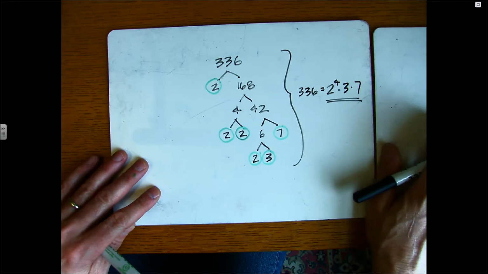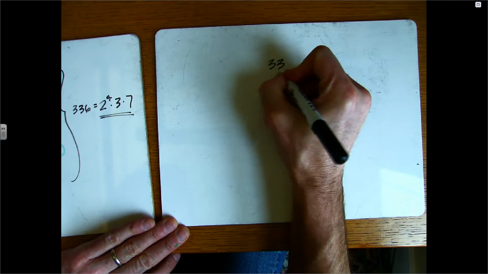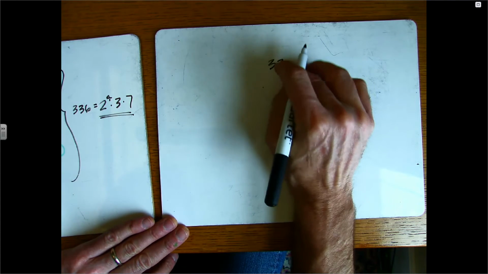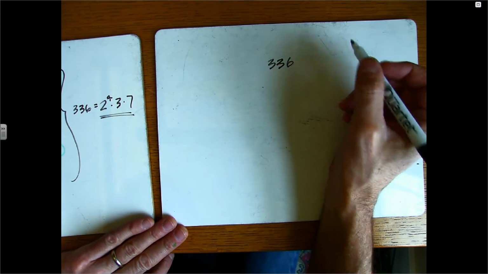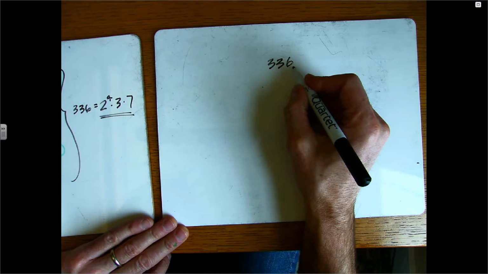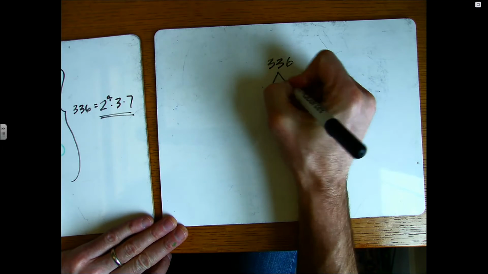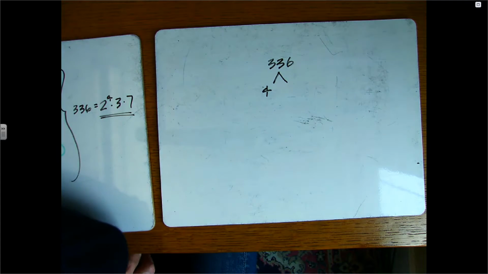To make sure that that's apparent to you, I'd like to do another factor tree for 336. Say I use my divisibility test for 4 right off the bat, and I see that 36 is divisible by 4, so the number should be divisible by 4. So what if I went with 4, and, well, what does 336 divided by 4 give us? Let's find out.